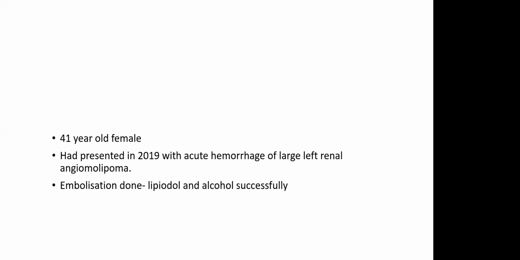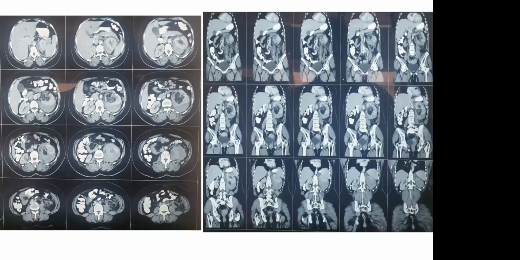And we were able to do this successfully. Next slide. So here you just have some axial images of a CT scan that was done on her. This is her right kidney. And if you look at the opposite side, you can see the kidney here has a lesion within it.